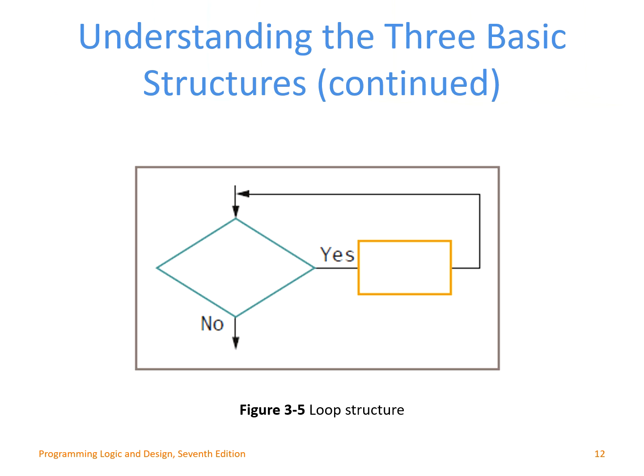Figure 3-5, loop structure visual representation. If the condition is no, it will proceed. If the condition is yes, there is a certain condition here, then it will loop until it satisfies the condition.